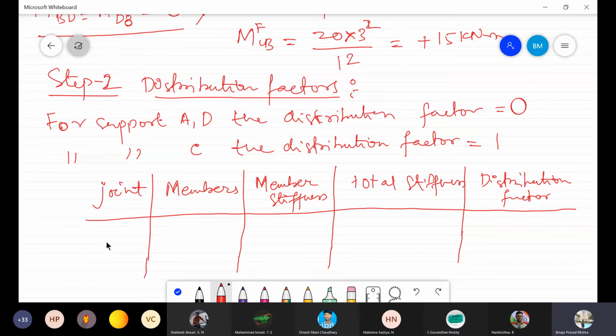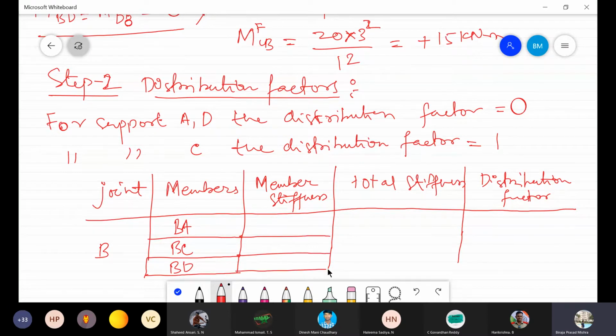Okay, so we have the joint B. So in joint B, we have again 3 members that are being connected. So it is joint B, members BA, BC, and BD. Now, regarding the member stiffness, let us see what will be the value. Then we will have the value for distribution factors.